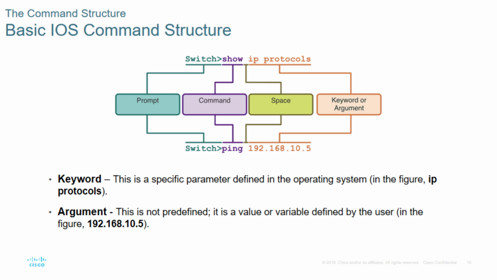So the general syntax for a command, as shown in the figure, is the command followed by any appropriate keywords and arguments. So after entering each complete command, including any keywords and arguments, press the enter key to submit the command to the command interpreter.